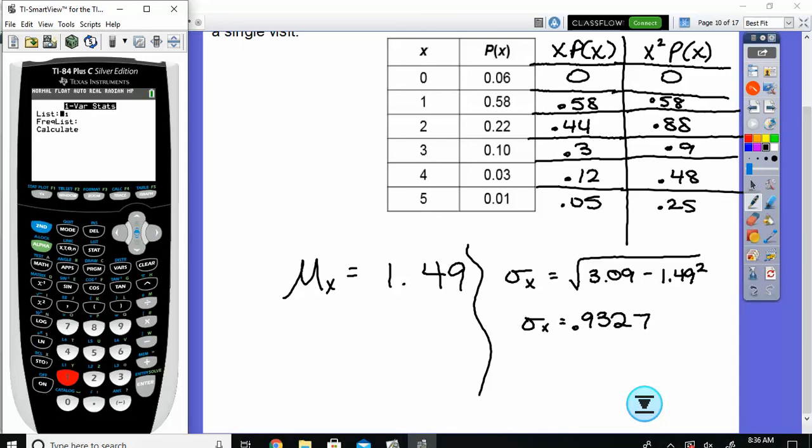We're talking about the probability of each thing happening. But when you get here, don't just enter through this. Your list is L1, that's your x value. The y here was our probability, that's like the frequency. So on your frequency list, we need to put L2 there. So to do that, you can just hit second and the number 2, and that enters your L2.